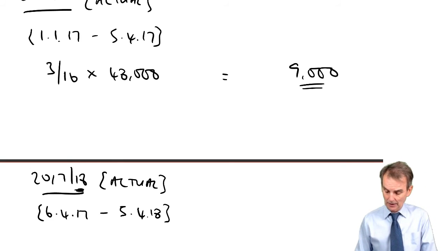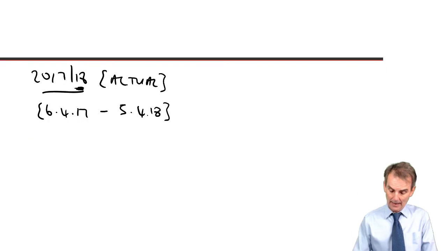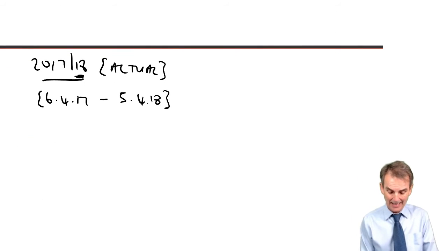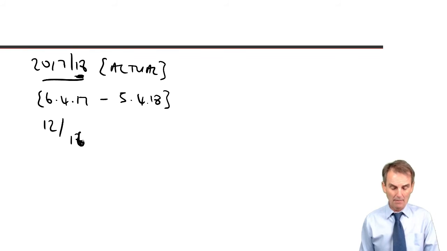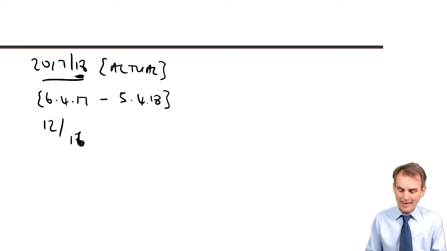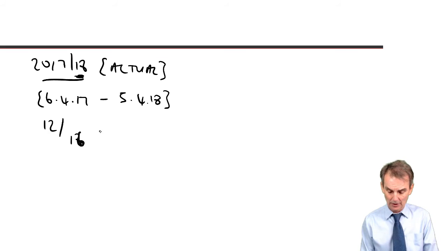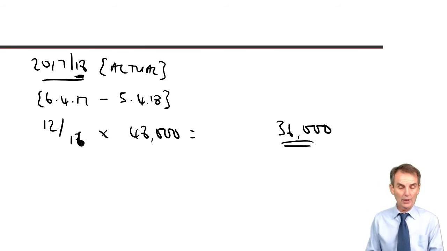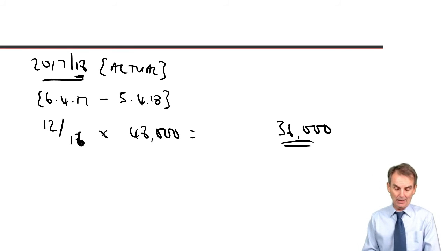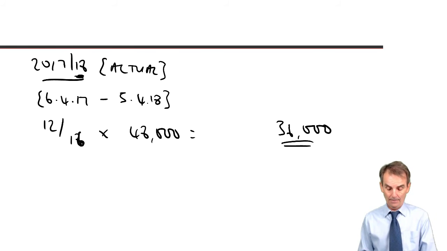Now that, of course, is 12 months, and it will be 12 months again taken from the opening 16-month period in which we traded. 12/16 of 48,000 will give you £36,000 as your assessment. Again, on an average basis of £3,000 a month. Right, so there we've got actual.